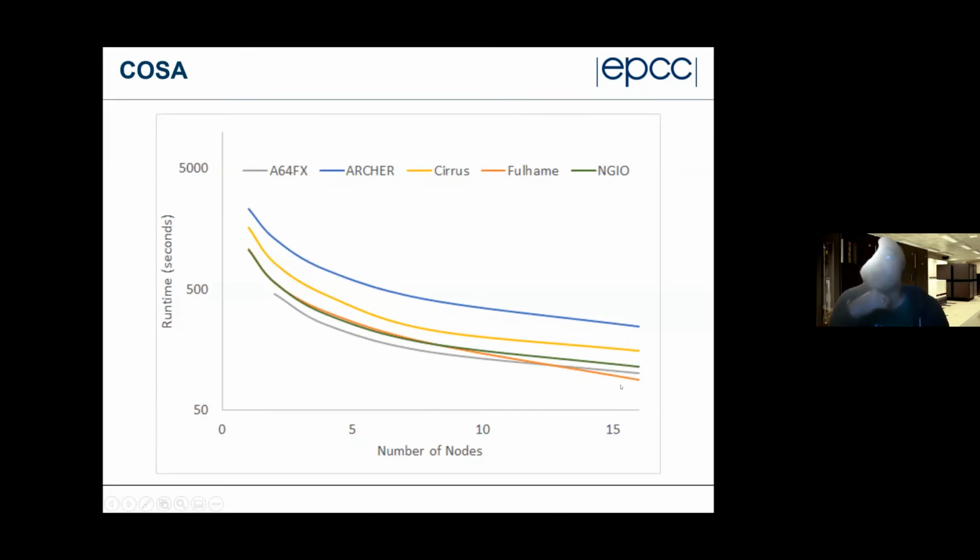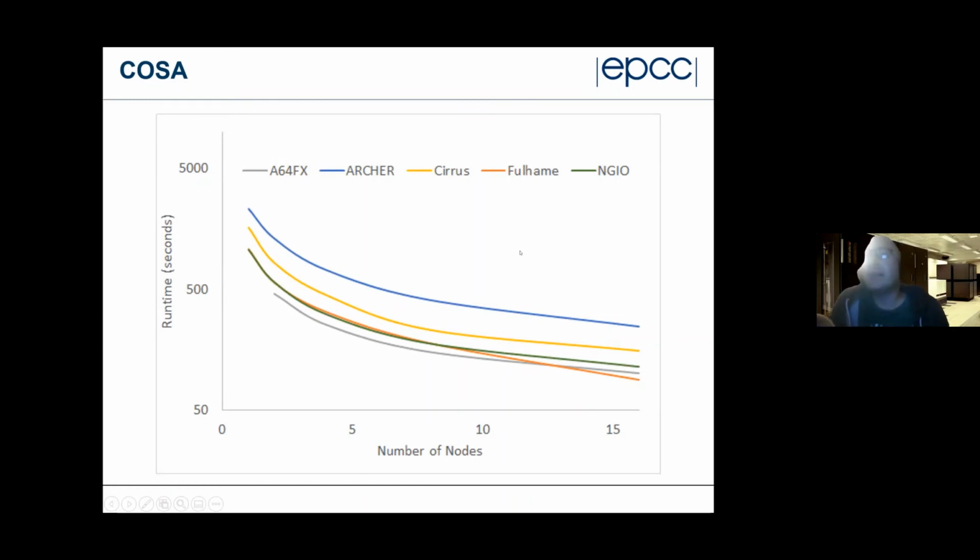When we get up to 16 nodes with the ThunderX2 system, we've actually got more cores than we need, and that introduces some performance differences between the two systems, which means that we get slightly better performance on the TX2 processor up here, but it's not real. You would never run the application at this number of nodes because it's not an efficient way of doing it, even though it's slightly faster.